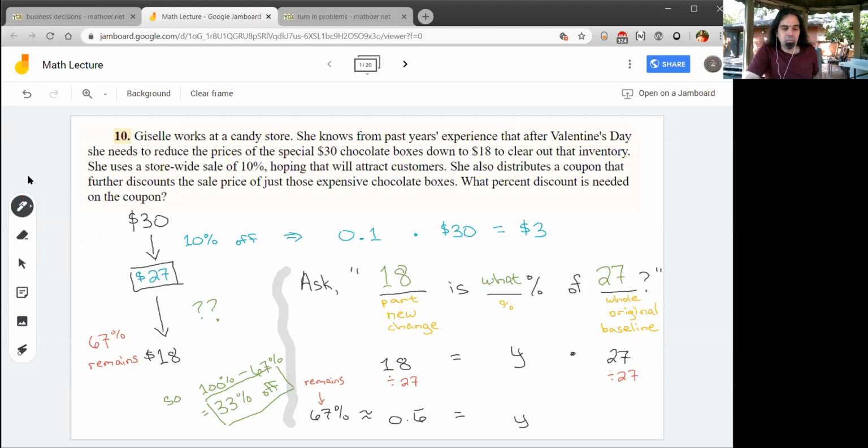So she needs to somehow publicize and distribute a coupon that says, amazing chocolates, this particular box, 33% off on top of the 10% store-wide sale. Hopefully that's one of the answers.